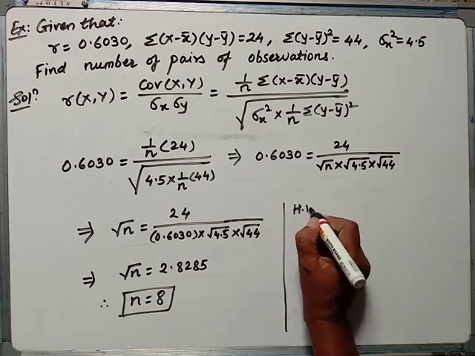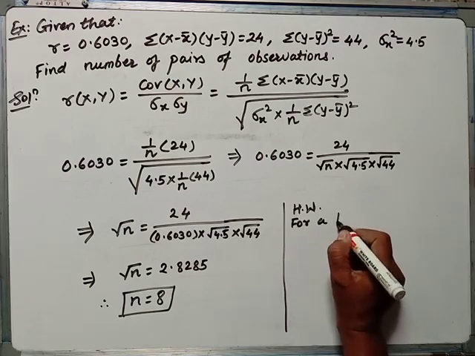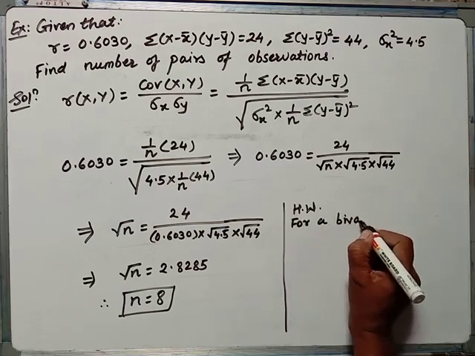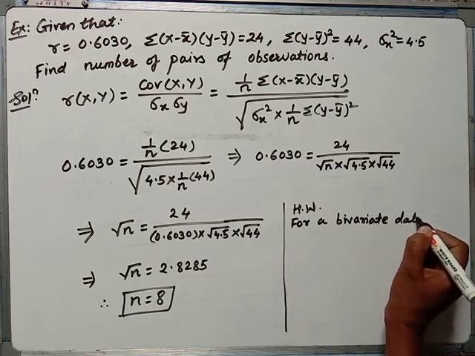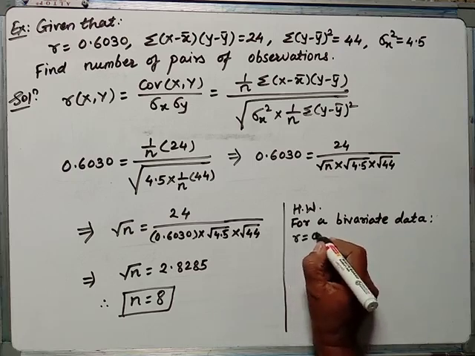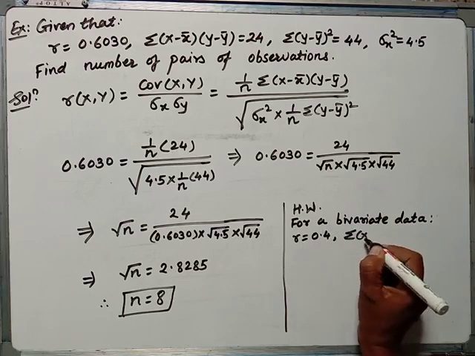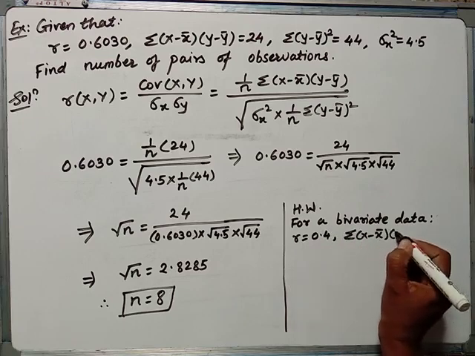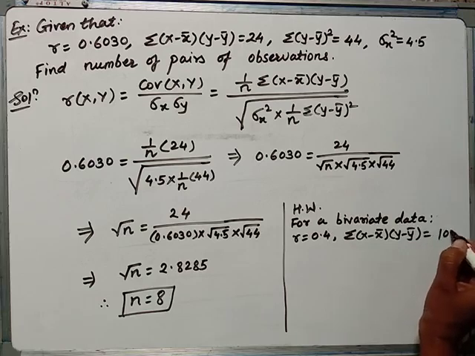Homework. For a bivariate data, r is equal to 0.4, summation x minus x bar times y minus y bar, this product is 108, sum of product.